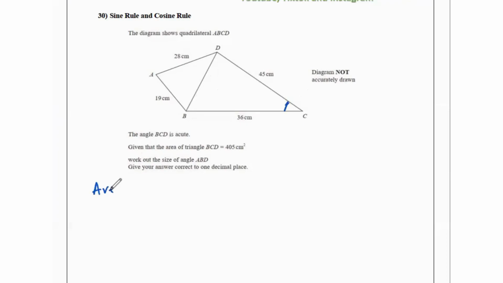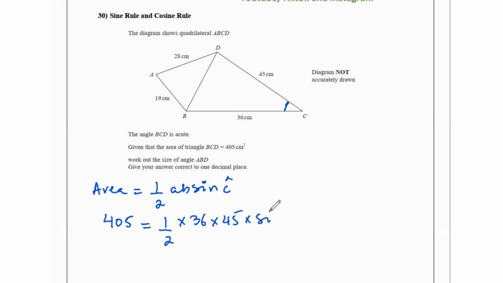So area equals 1 over 2 ab sine of angle C. This formula is given in the formula sheet. This formula is applicable when you have two lengths and the angle between them. We have the two lengths, we have the area, we can find the angle using that. So 1 over 2 times 36 times 45 times sine of angle C. So that's going to be 36 times 45 divided by 2, 810.